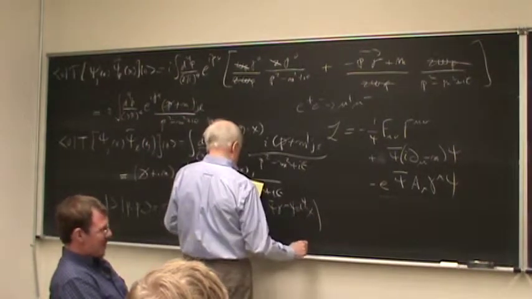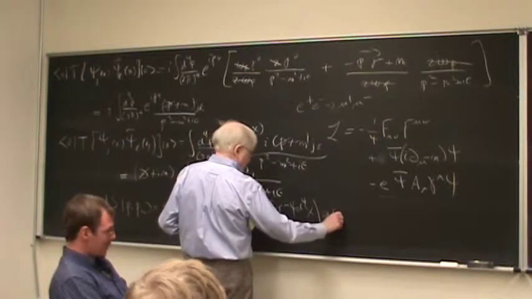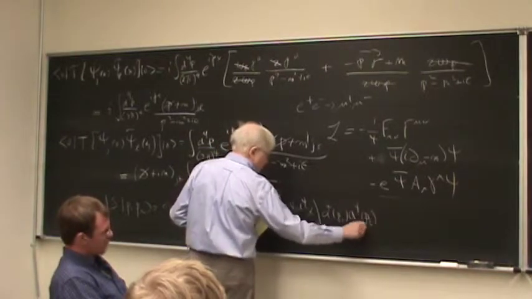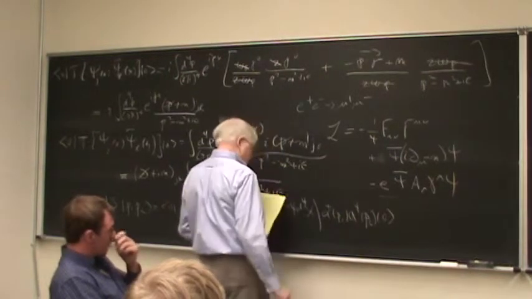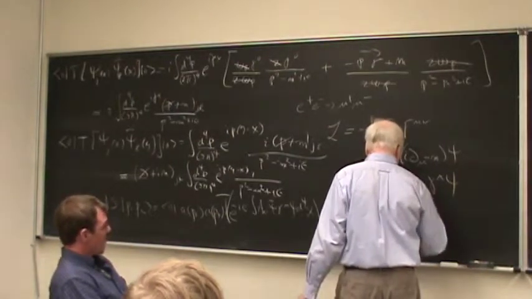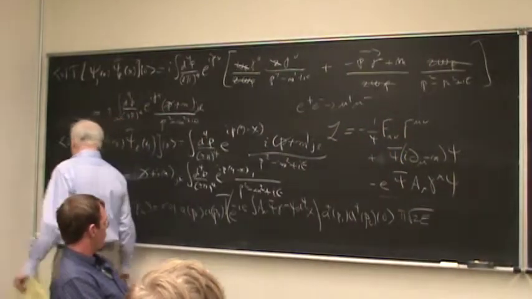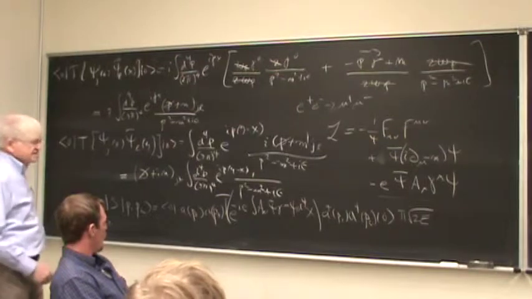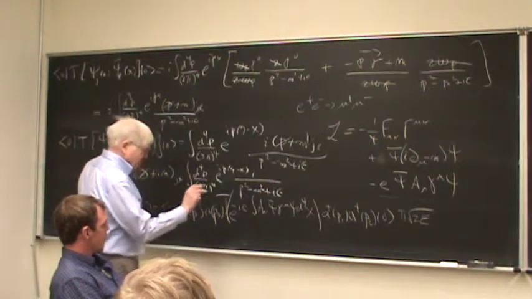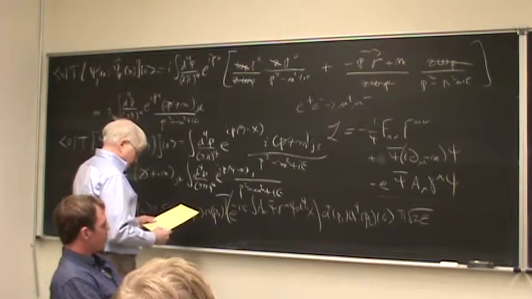And then we'll have out here A of P1 dagger, A dagger of P2. And actually, I left out a product of square root of twice the energies because the states have a square root of 2E, and then the creation operator, and then the vacuum.